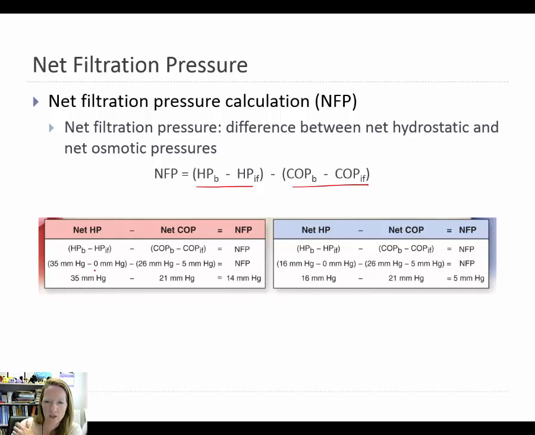And that pressure is going to be this right here. So because of that, this is going to actually change over the capillary bed. So this is the math that we're going to do. So let's go ahead and set it up and take a look at these different pressures here.